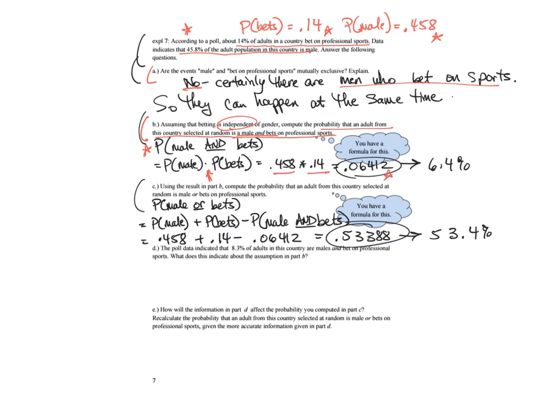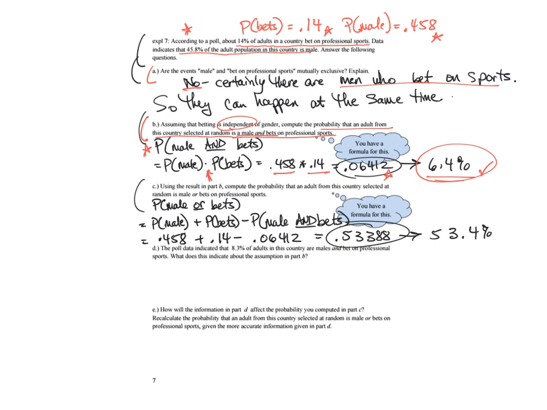I decided not to round that at all, but I did round it when I wrote it in percent form over there. So, according to our data so far, 6.4% of the country are people who are male and bet on professional sports.